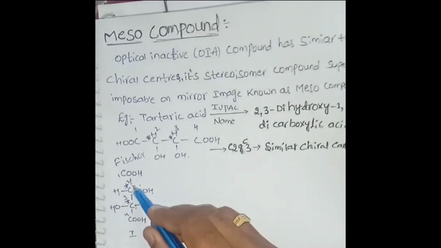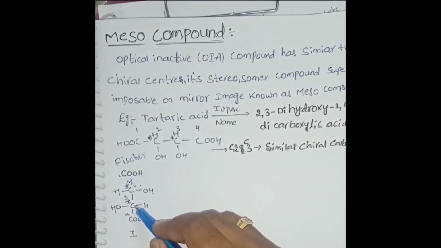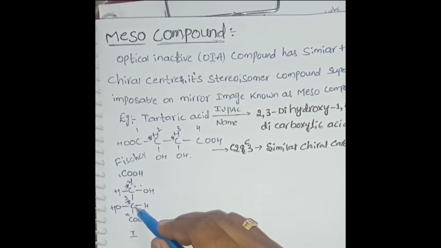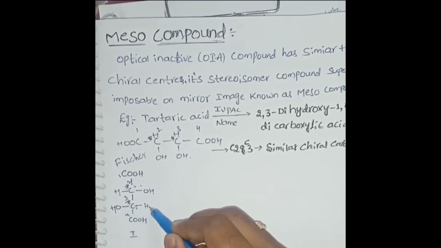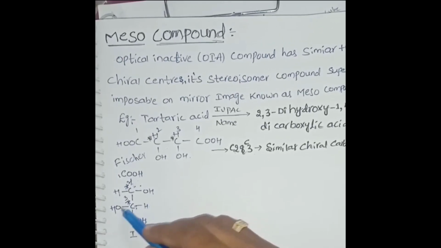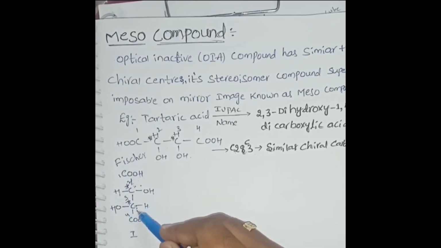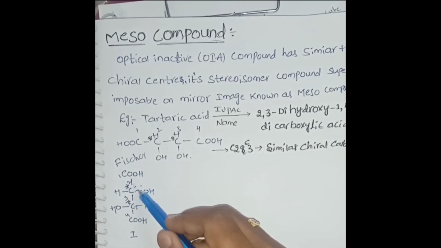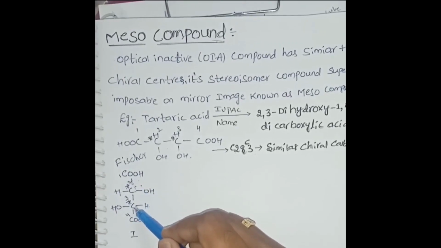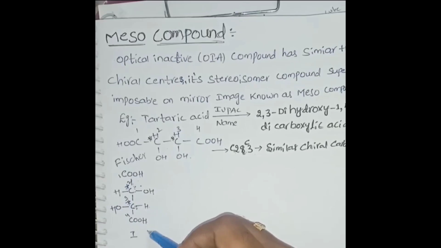That's why these 2 and 3 are similar chiral centers. In the third chiral center there are a hydroxyl group, hydrogen and carboxylic acid. Whatever groups are present on the third chiral center are also present on the second chiral center. So that's why the second and third carbons in this tartaric acid are chiral centers.